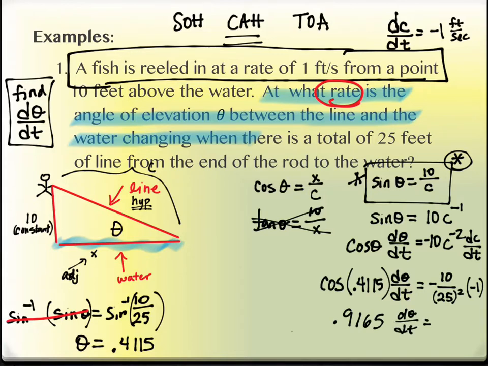On the other side, I do have 2 negatives, so this is going to cancel to be positive. I have 10 divided by 25 squared, which is 0.016. And then I would divide that by the 0.9165.